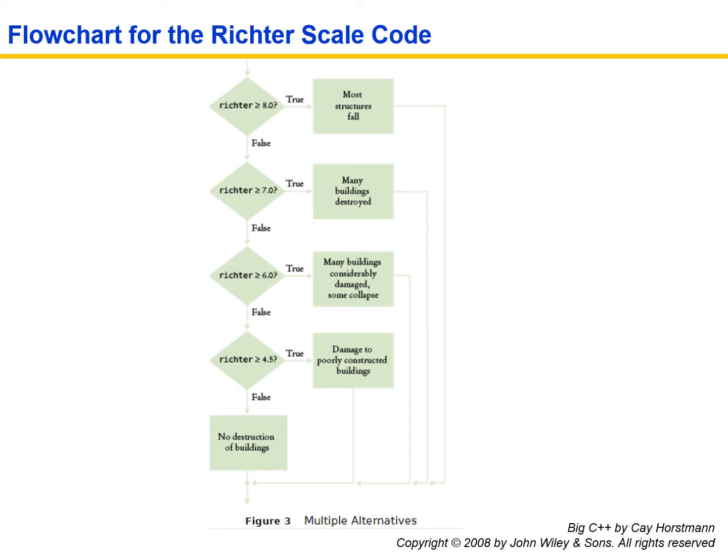Our flowchart would look like this. The program comes in, it hits Richter greater than or equal to 8. If that's true, we print most structures fall, and then we loop on down and miss all the rest of the code.